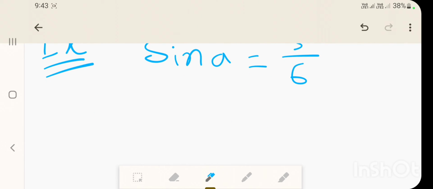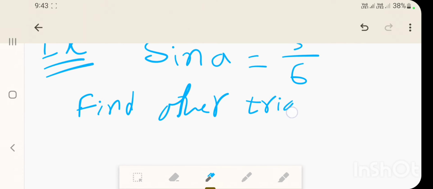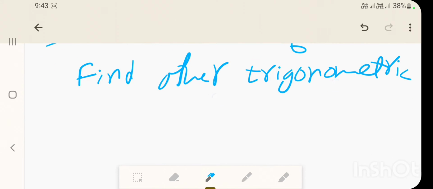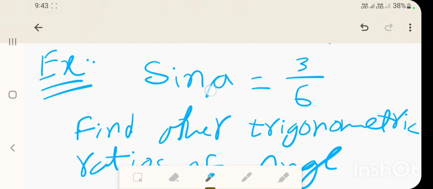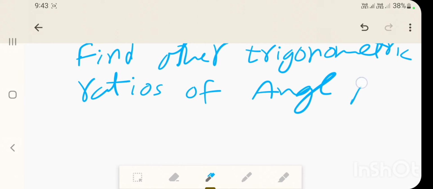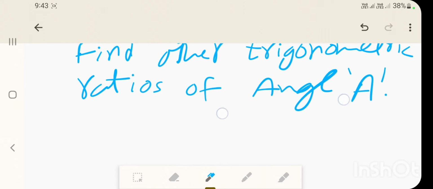Sine A is given, and we know sine is nothing but the opposite side length divided by the hypotenuse. They are asking us to find the other trigonometric ratios with respect to angle A. We can take it as small a, or capital A, or theta. It is all the same.